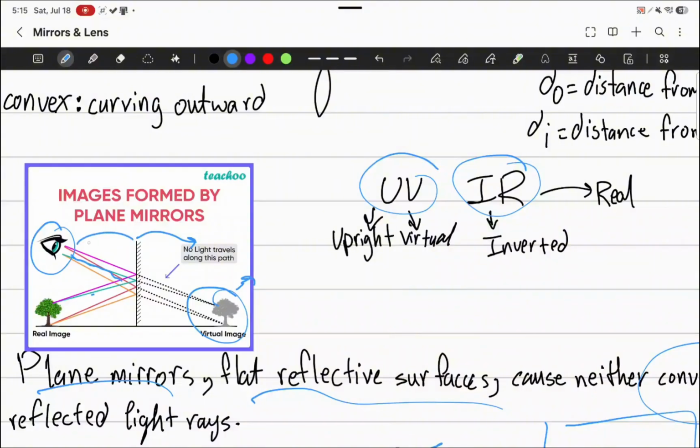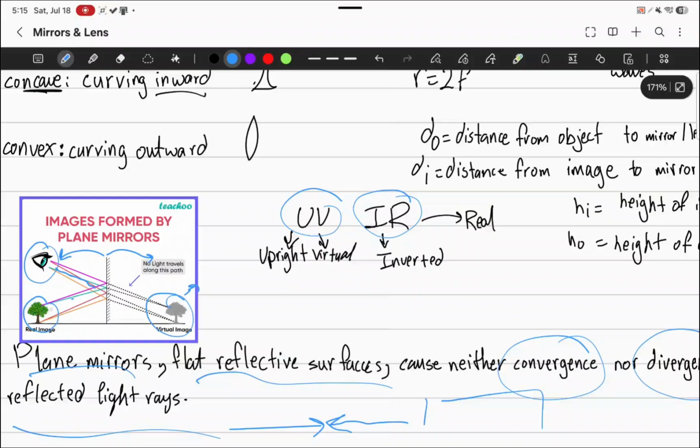But before the mirror, the side where the object is, that's where the real image is. And the trick I'm going to teach you is when you have an object and a mirror and you're not sure if it's a real image or a virtual image: if it's on the same side as the object, then know that it's a real image. If it's on the opposite side of a mirror, then know it's a virtual image.